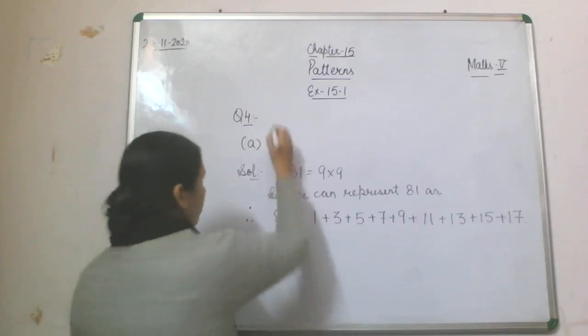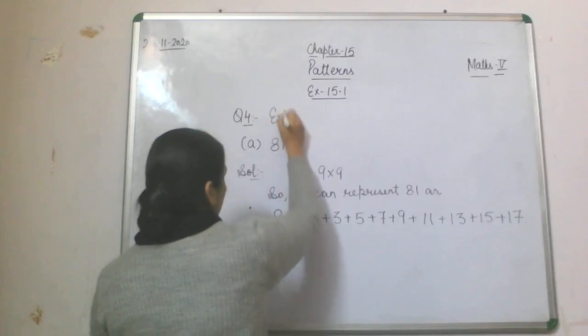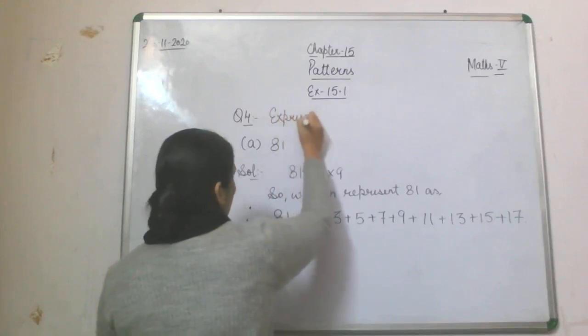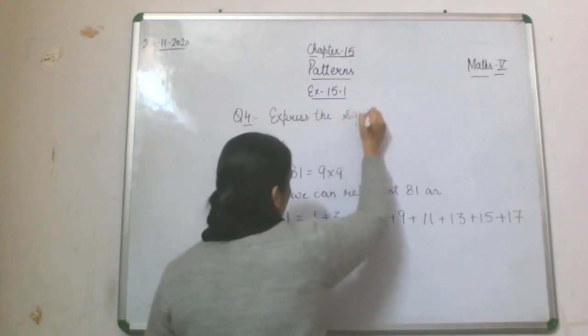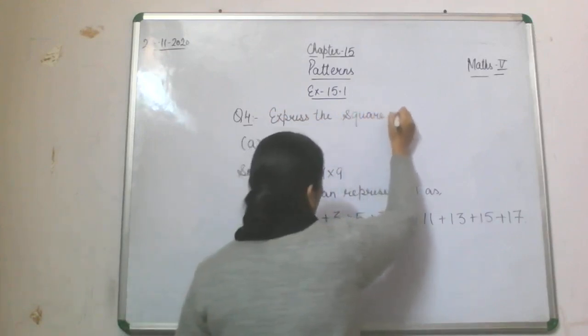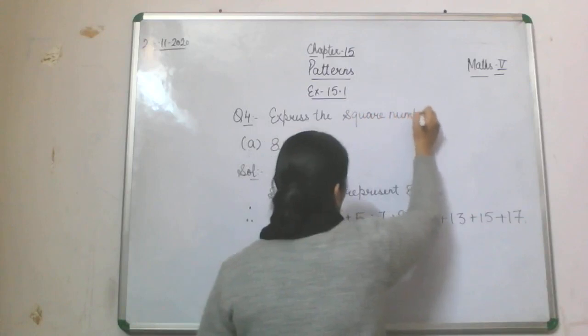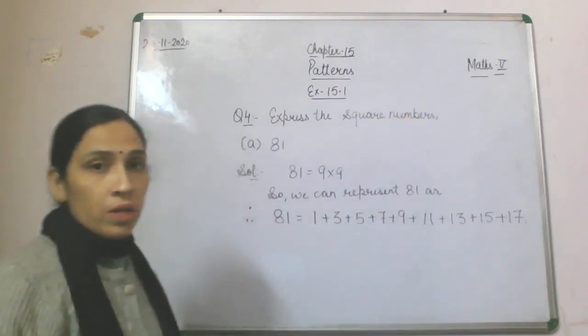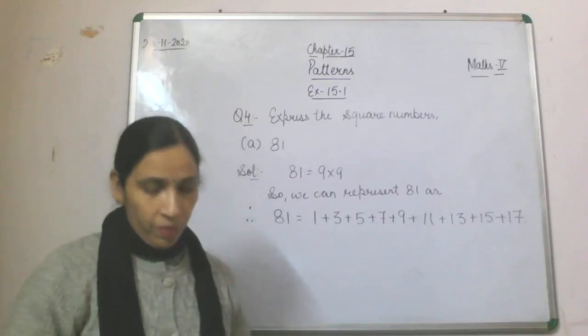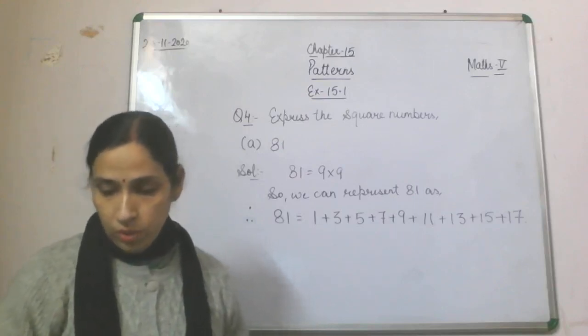Express the square numbers as a sum of odd numbers.